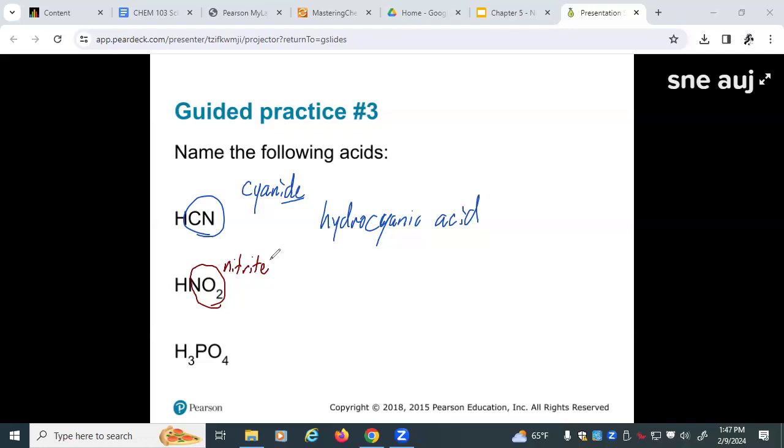It deals with cyanate. Not worth getting into because that's not even on the list for you guys to memorize. So we'll ignore that one. If I've got two oxygens, I know it's an ite. It can't be anything else. There's no such thing as an ate with two oxygens. Ates either have three oxygens or four, and most of them have three. So this is nitrite. Ites get turned into ous's. So this is nitrous acid.